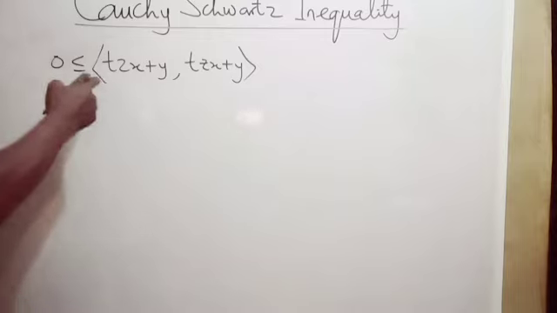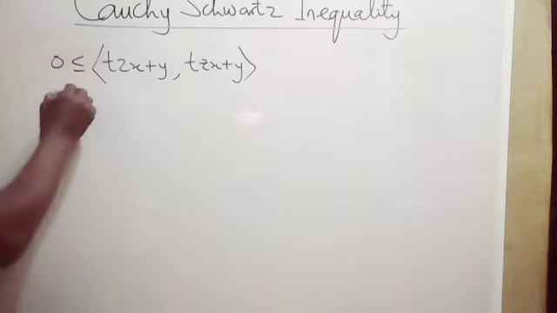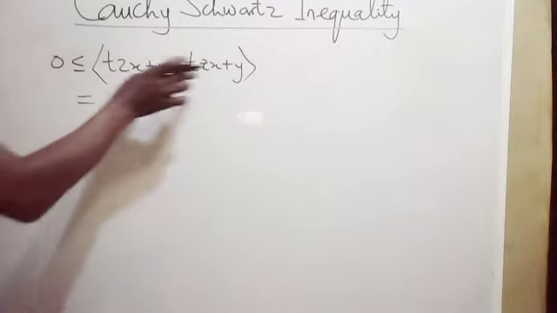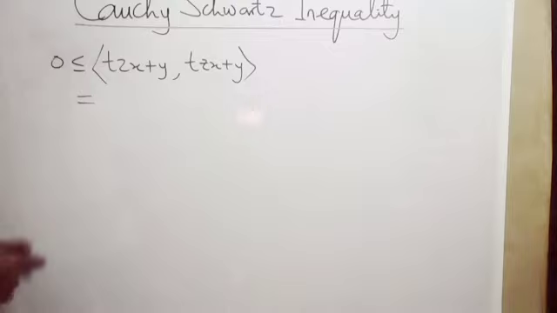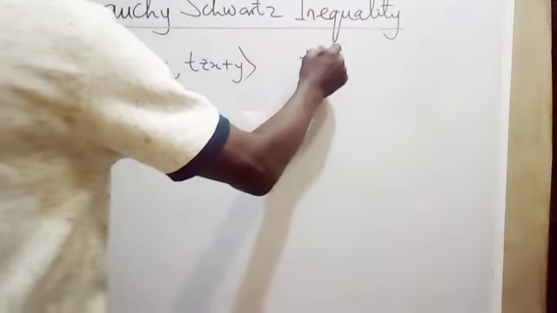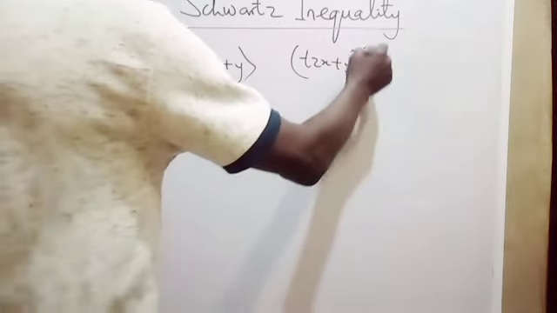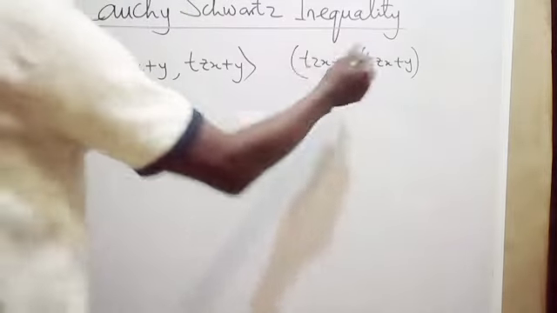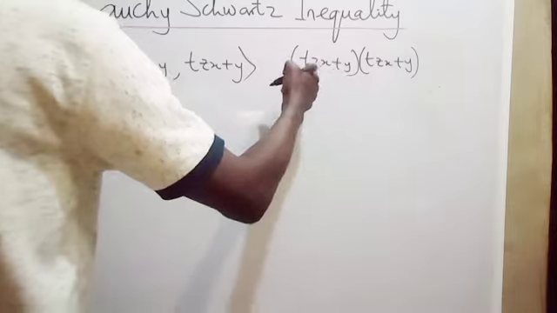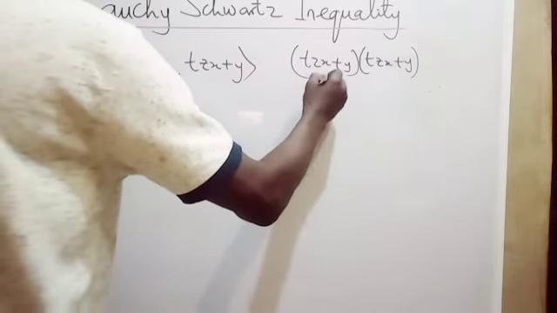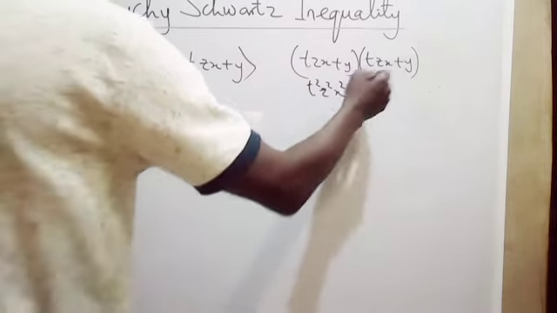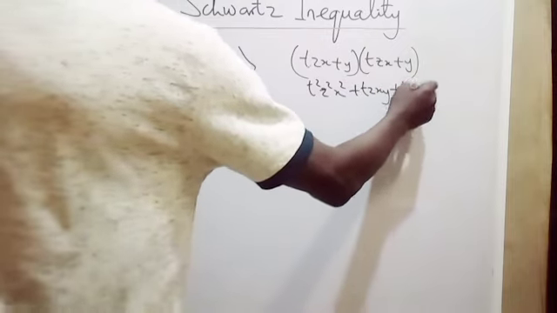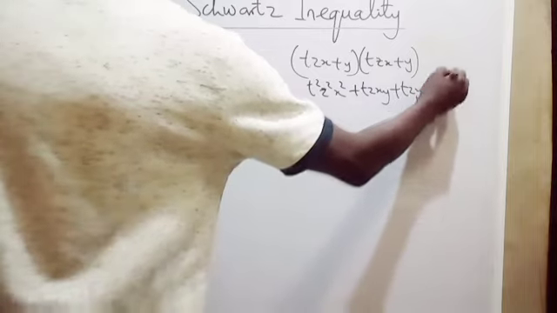Now we are trying to multiply this and this together. Normally, if we expand this in the algebraic sense, tzx plus y multiplied by tzx plus y gives t squared z squared x squared, plus tzxy plus tzyx, plus y squared.